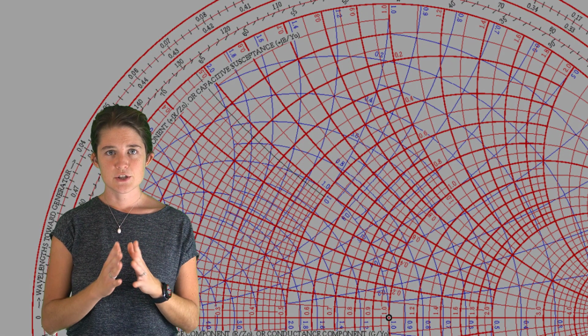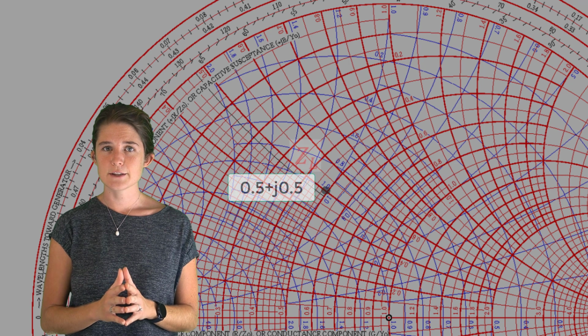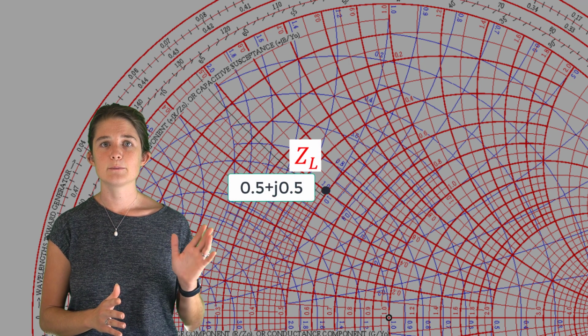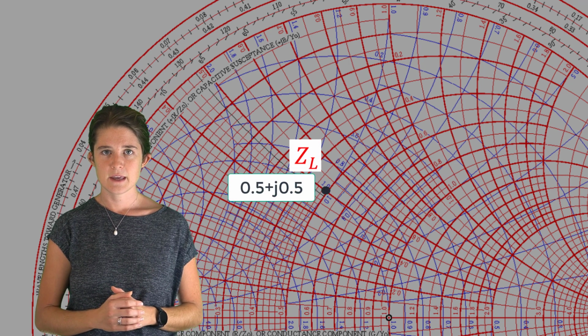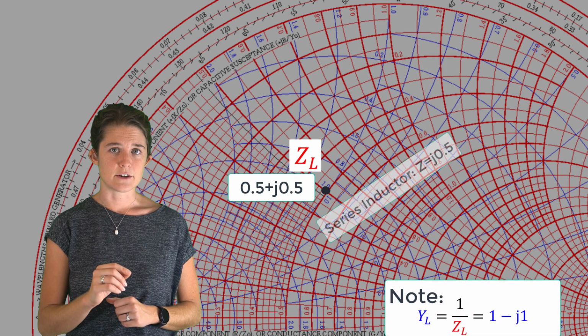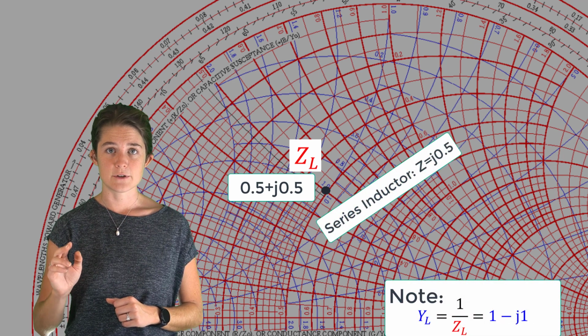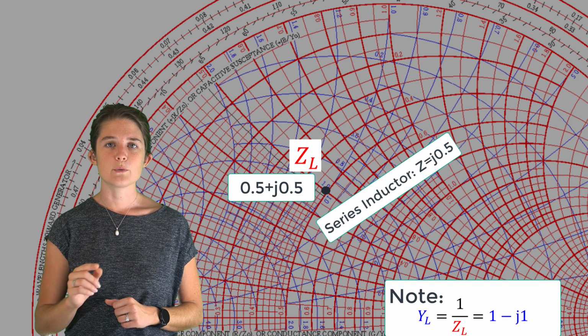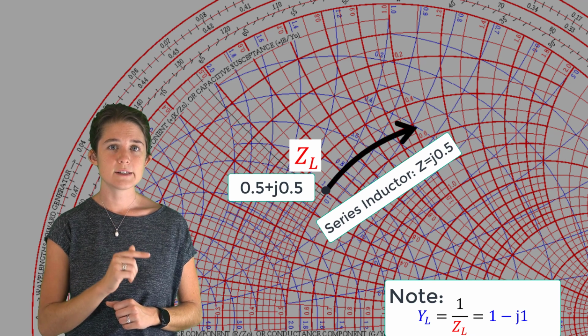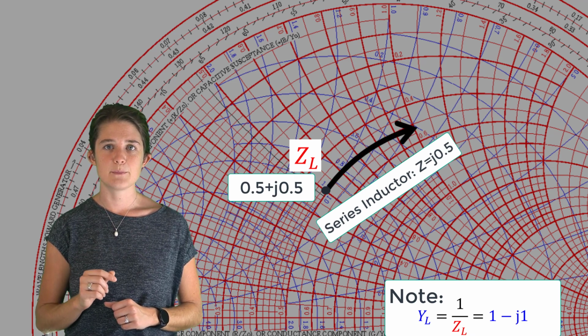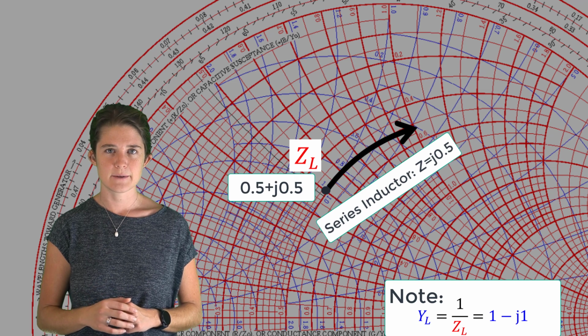Let's give it a try. So suppose we have a load with normalized load impedance of 0.5 plus j0.5. If we add a series inductor with a normalized impedance of j0.5, we will move clockwise around the constant resistance circle by j0.5, which is marked in black.